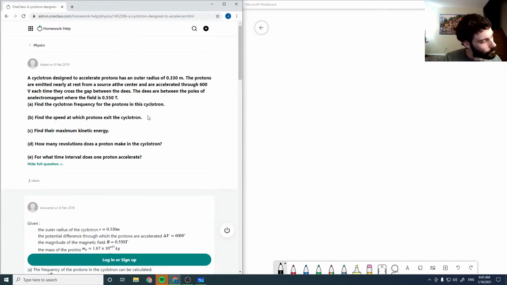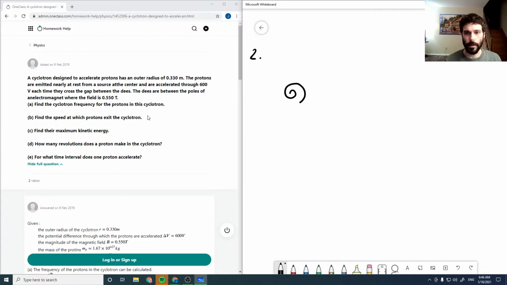Okay, so here's the second question. A cyclotron is designed to accelerate protons. So we're going to start at rest near the center, and it's going to spiral out.